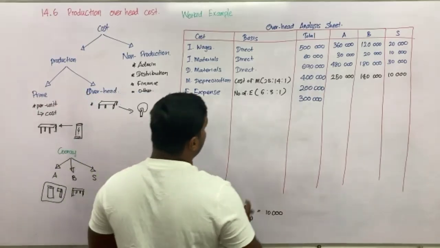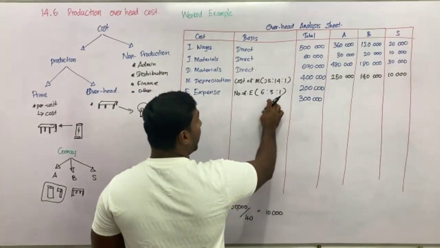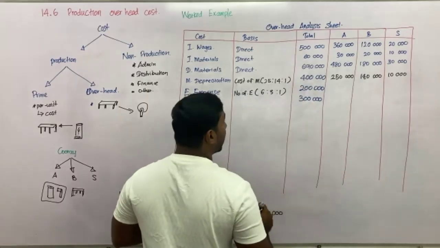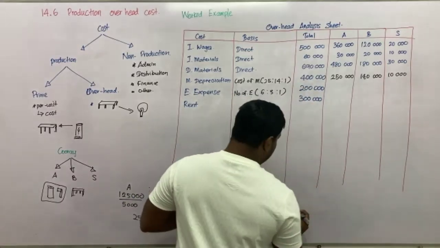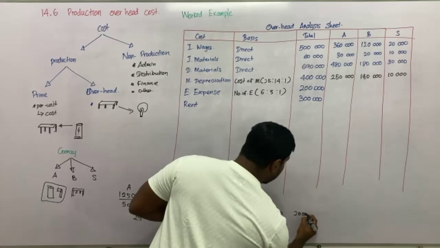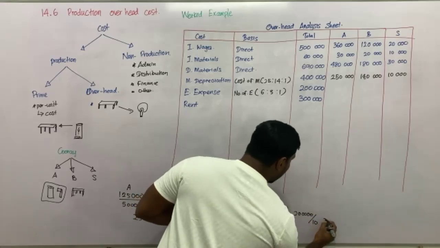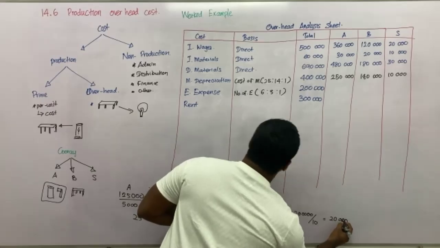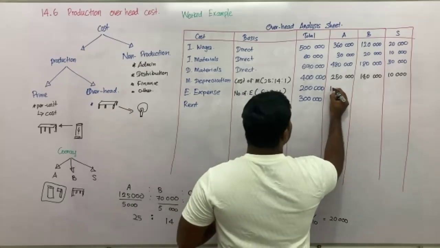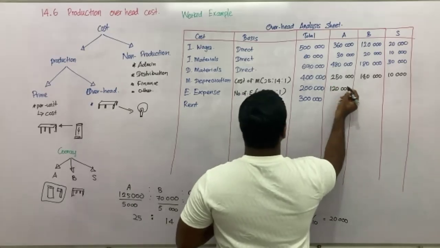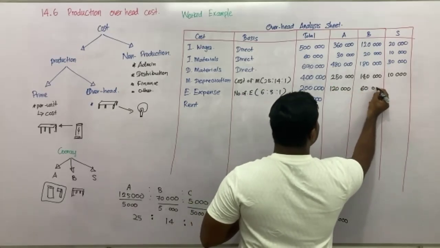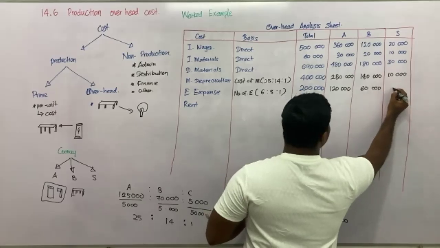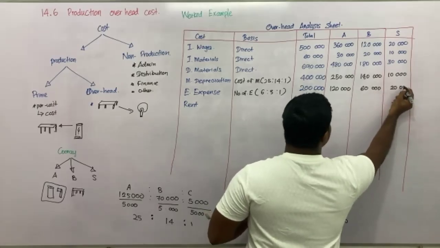So the total will be 10. 200,000 divided by 10 means one portion will be 20,000. So that will be 120,000, 60,000 and 20,000.